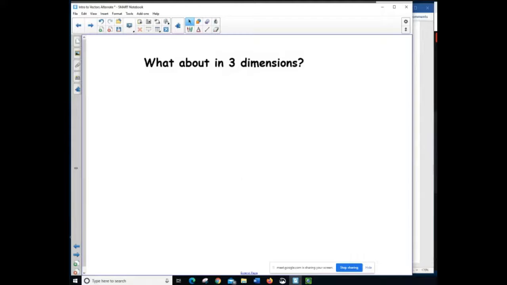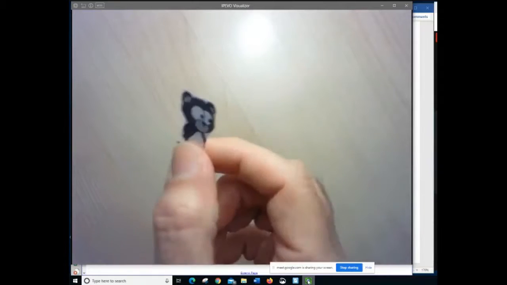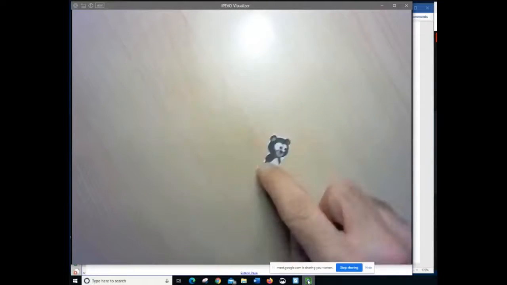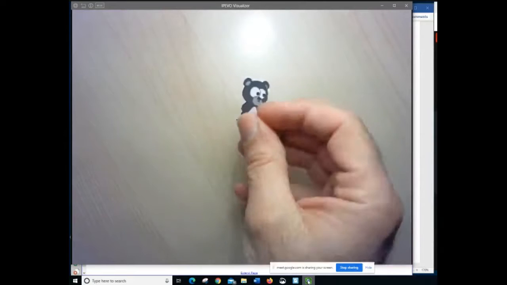Well, Broccoli Bear clearly wants to expand his horizons, and oh, hey, look, there's Broccoli Bear. So Broccoli Bear now isn't just living in a two-dimensional world where he can travel anywhere along a 2D plane. Broccoli Bear can now go anywhere.